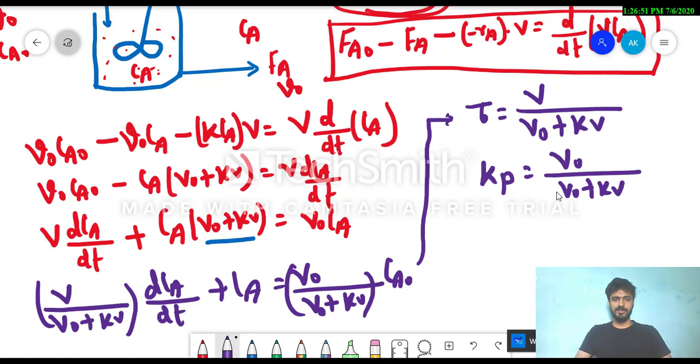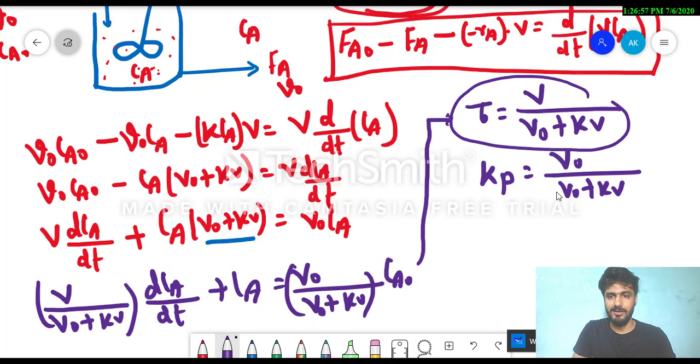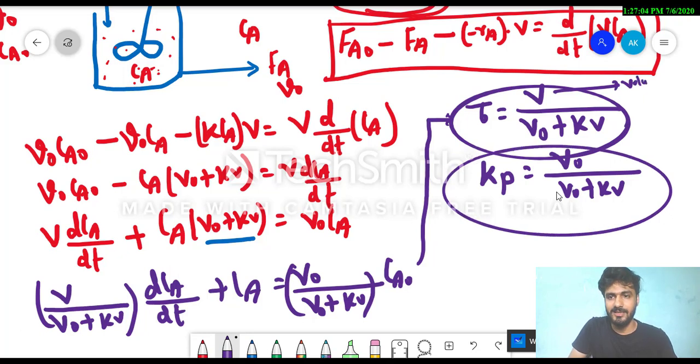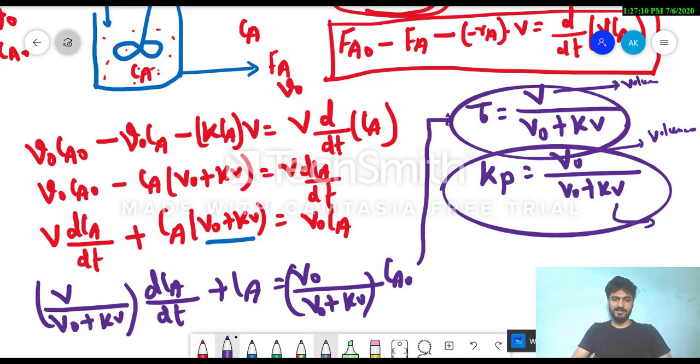So we have got the transfer function for the first order reaction that is taking place in the CSTR. Now V is the volume of the reaction mixture, already I have written at the start. V naught is the volumetric flow rate, and K is the rate constant of the reaction. Kp is the process gain, and tau is the time constant of the process.